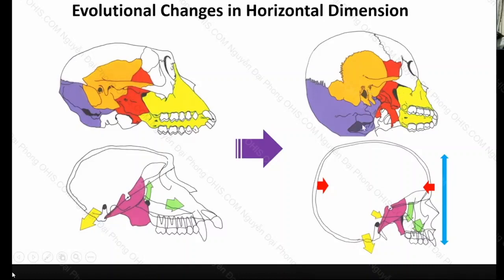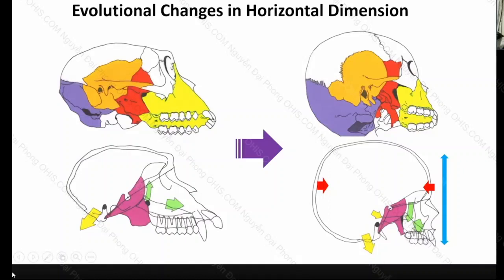Therefore, the upper jaw only grows vertically. Therefore, the problem is always in the posterior part of dentition.